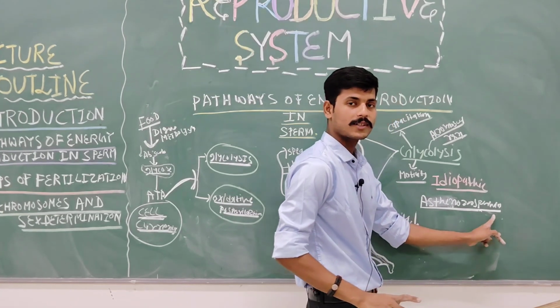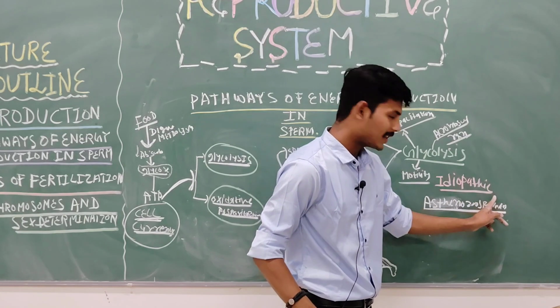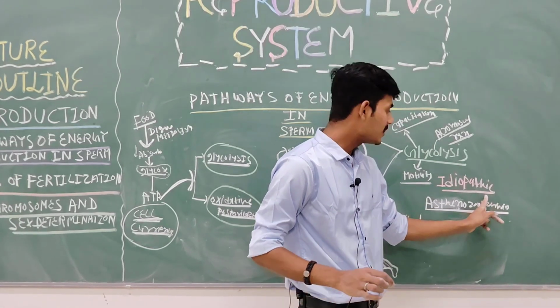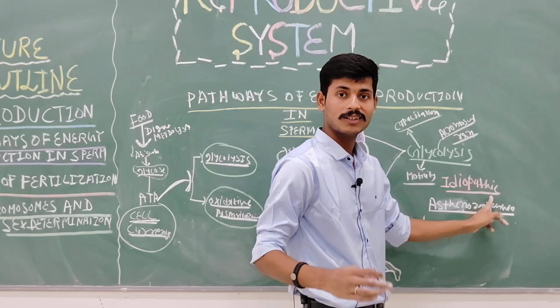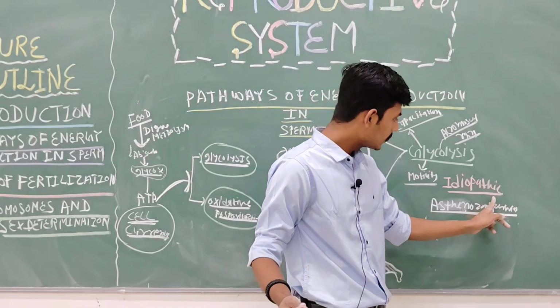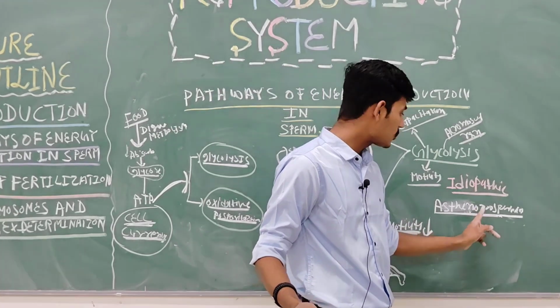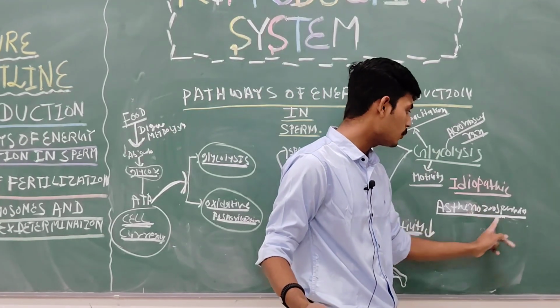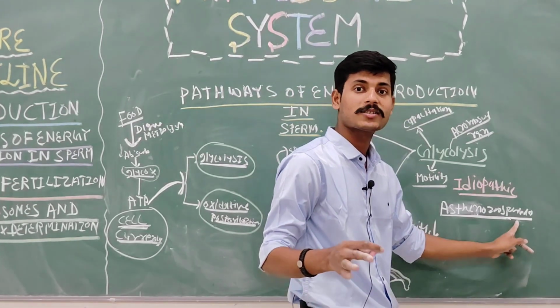But now researchers have come to know that this idiopathic means the disease where the cause is unknown, the etiology is unknown. Understood? So previously this condition was thought of as idiopathic asthenozoospermia, meaning there is a reduced motility but the cause is unknown.